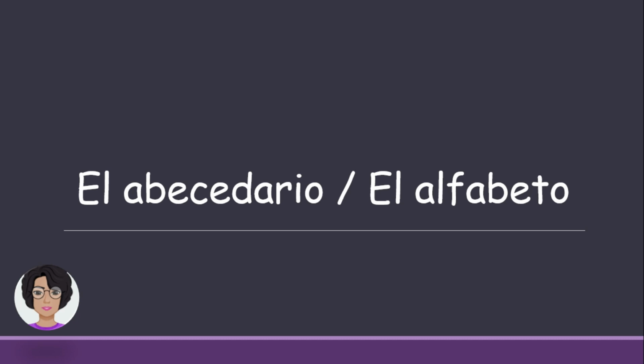In today's video, we're going to talk about the alphabet so we can learn the sound of each letter as the first step to learn Spanish. So let's get started. There are two ways to say alphabet in Spanish. The first way is by saying abecedario or el abecedario, including the article, and then we have alfabeto or el alfabeto.